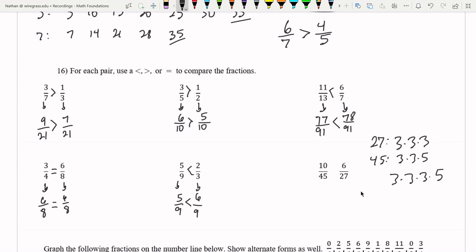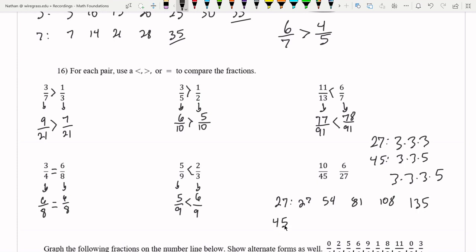But what you can do is just list out the multiples of 27 and 45, right? Let's use a calculator for this just to make sure I'm not miscalculating. 27 times 1 is 27, 27 times 2 is 54, 27 times 3 is 81, times 4 is 108, times 5 is 135.